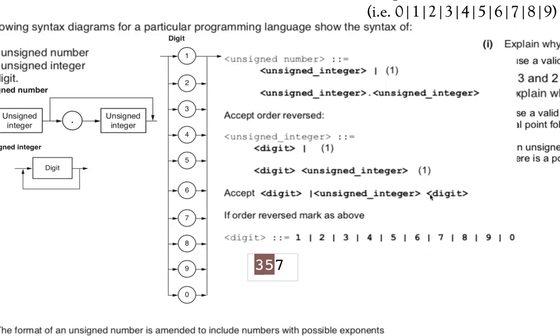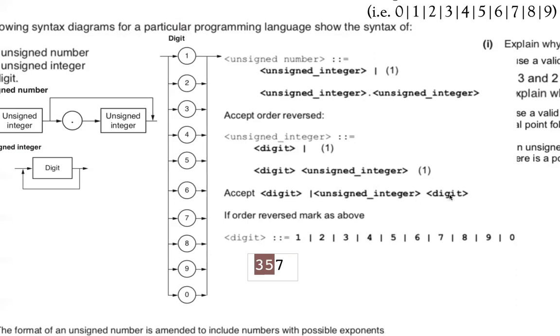Is 5 a digit? Does the digit definition have 5 in it? Yes, it does. So if an unsigned integer is followed by a digit, it will also be considered an unsigned integer. So 3 and 5 are now our unsigned integer.